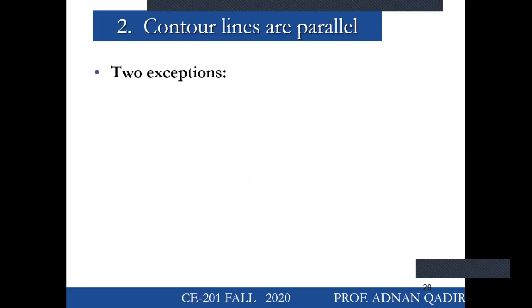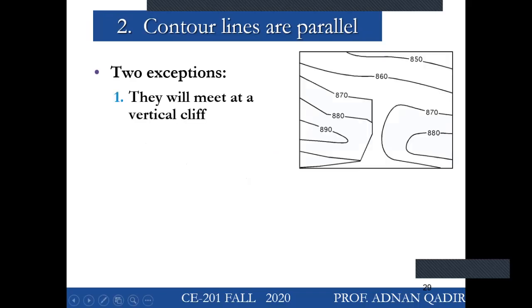When I say contour lines are parallel, there are two exceptions. They will meet at a cliff. So you see 870, 880, they are parallel, but they are meeting at this point. So this is a vertical cliff, right? And they will overlap at a cave.